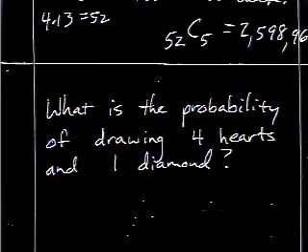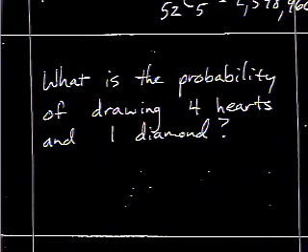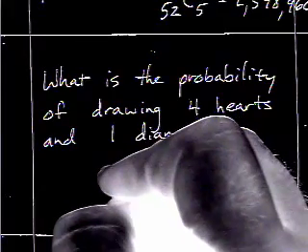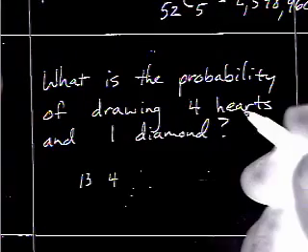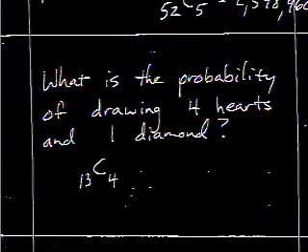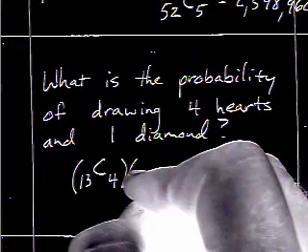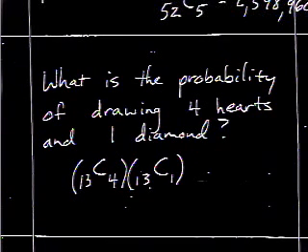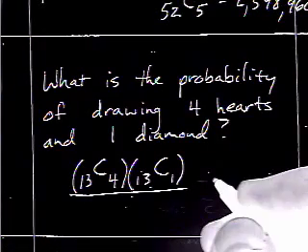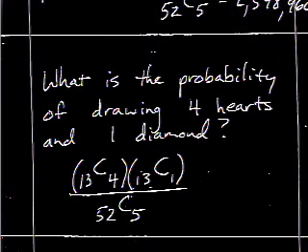What's the probability of drawing 4 hearts and 1 diamond? Well, okay, so we've got one group: there's 13 hearts, and we're choosing 4 of those. We also have 13 diamonds, and we're choosing 1 of those. And then, of course, we have the 52 choose 5 in the denominator.